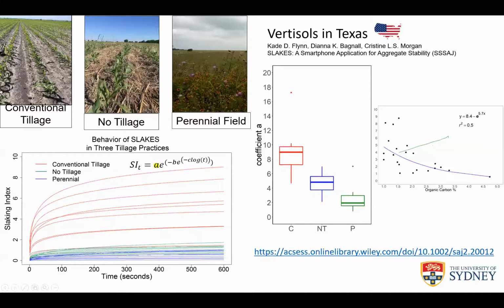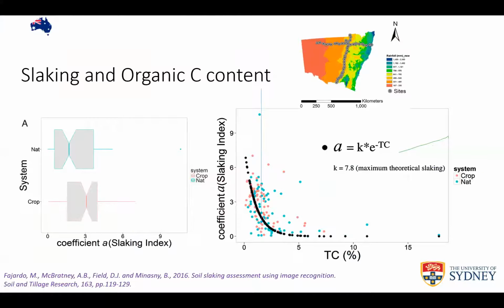So this is another data from Australia across New South Wales. They did a big survey, and they compared the soil under natural vegetation and the soil under cropping. This is again the slaking index, how much the soil becomes bigger because of slaking after it is immersed in water.